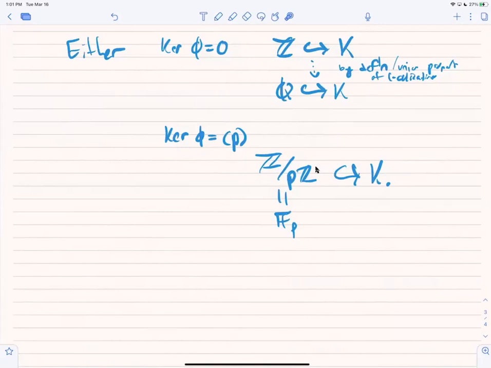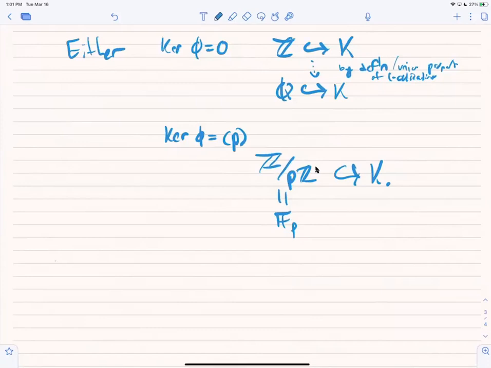Either the kernel of phi is 0 and the rational numbers embed into K, or the kernel of phi is P for just one prime number P. So it can't be true for both 2 and 3. Either Z mod 2Z embeds in here or Z mod 3Z embeds in here.